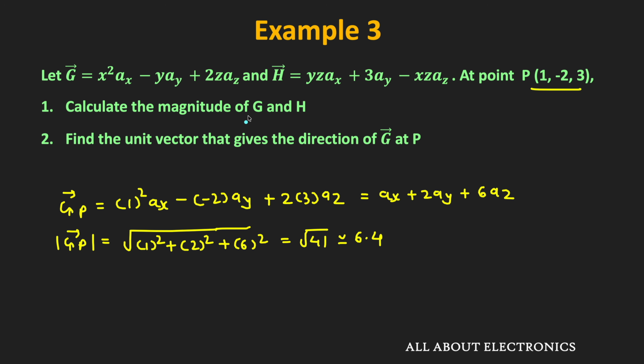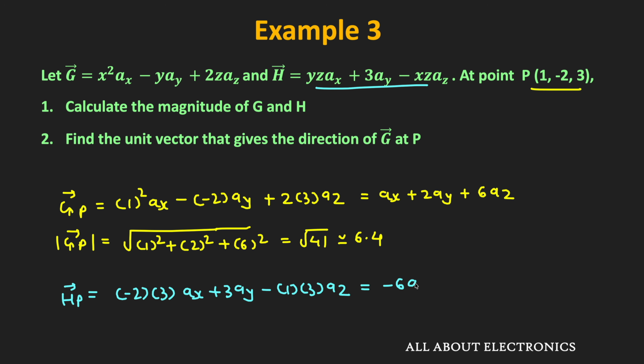So similarly, for this vector field h, let us find the vector at the point P and let's call it as HP. And to find that, once again in this expression, let us put the value of x, y and z as 1, minus 2 and the 3. That means here, this vector HP is equal to minus 2 times 3 times ax plus 3ay minus 1 times 3 times az. That means this HP is equal to minus 6ax plus 3ay minus 3az.